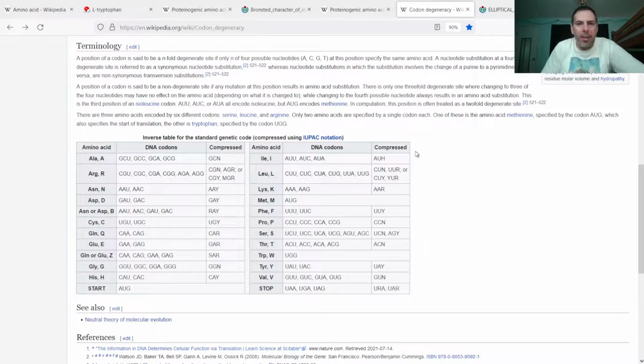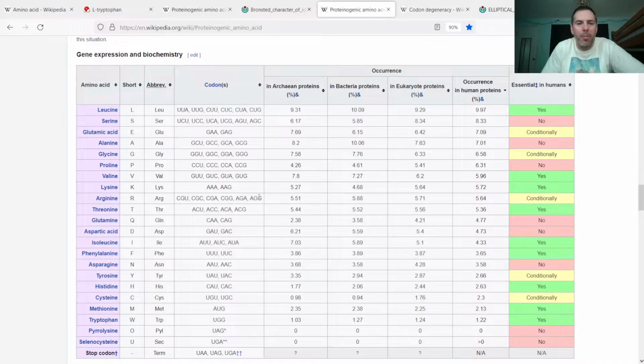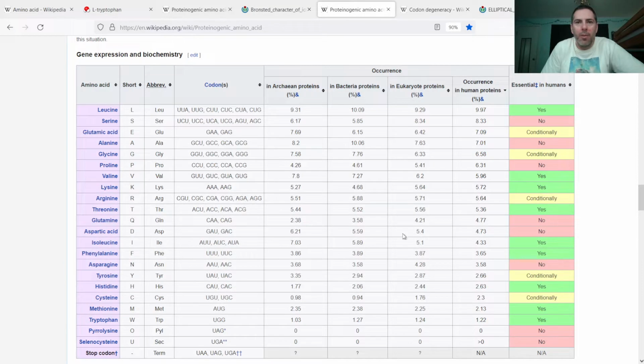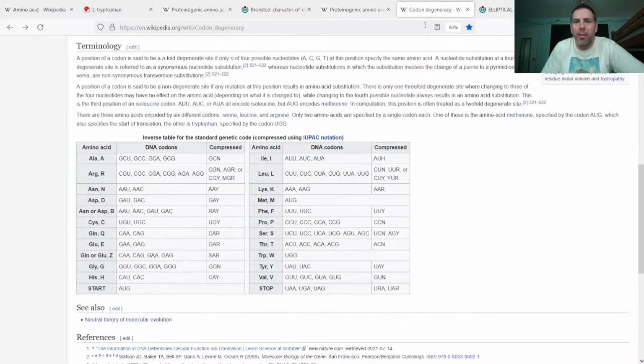And the same kind of abundance is related to which codons code for it. So more rare codons can correlate with more rare amino acids.